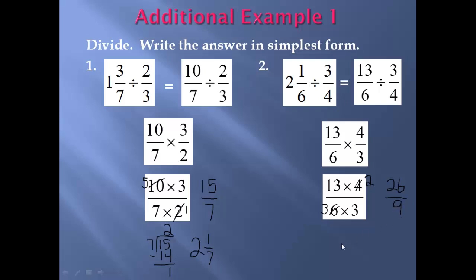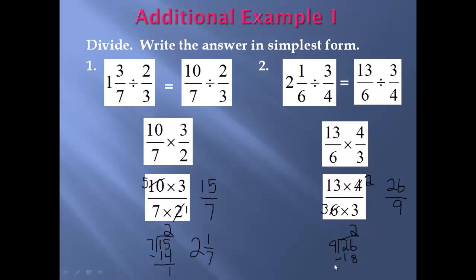Now we need to go ahead and make this into a mixed number. So we have 26 divided by 9. And this will go in 2 times. 2 times 9 is 18.